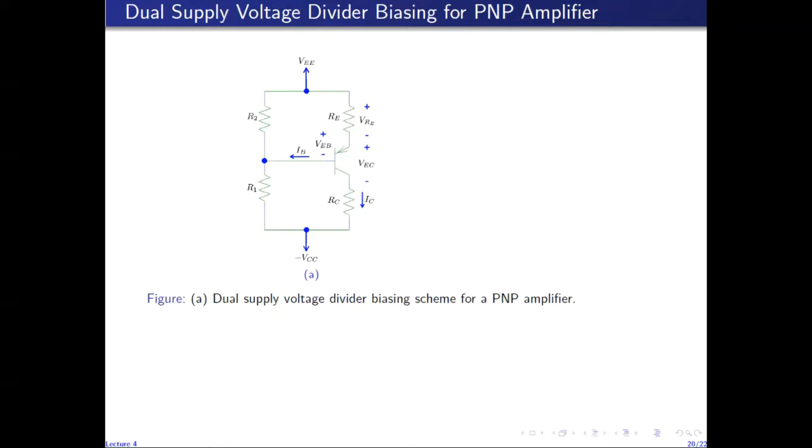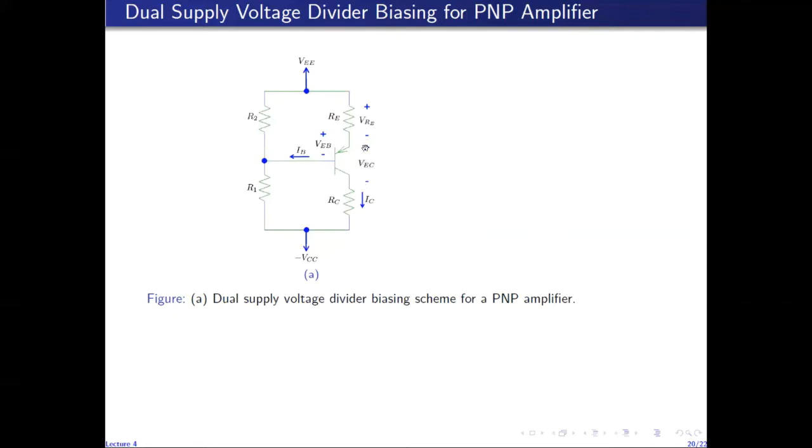All you have to do is, because you understand that a PNP transistor has operating voltages which are exactly opposite to that of an NPN transistor, and its branch currents are given in exactly the opposite direction to the branch currents of the NPN transistor. So for an NPN transistor, the collector current enters the collector terminal, while for a PNP transistor, the collector current will leave the collector terminal.